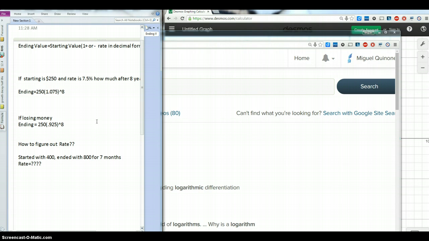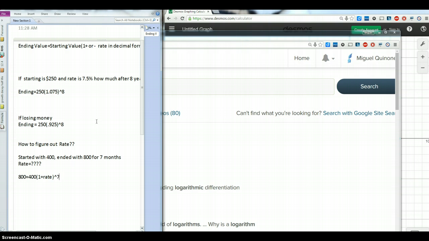Okay, so you have to put the same thing in the equation. So we have to start with ending: 800 equals 400 times 1. For this one, we started with 400 and ended with 800, so that means it's going up. So it's going to be 1 plus rate, and then to the power of 7.